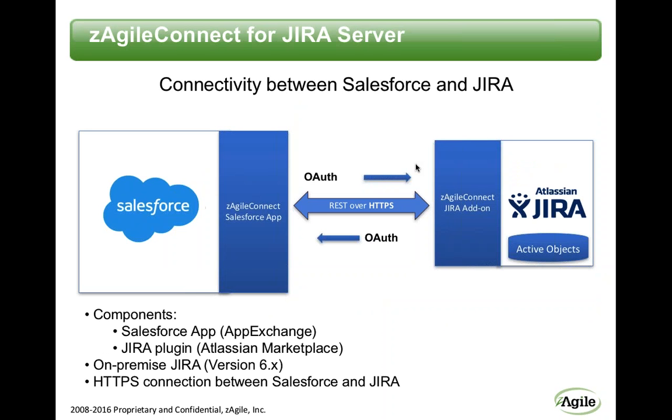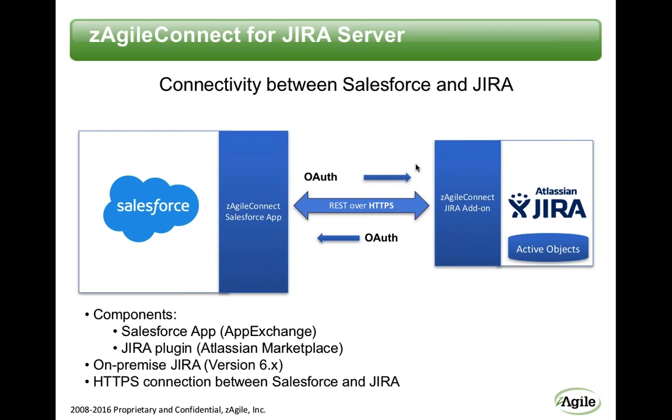In JIRA Server, it's more or less the same. There is still the same Salesforce package that you will install in your Salesforce instance. On the JIRA side, there's actually a plugin because here JIRA is on-premise and behind your firewall. So the most important thing here are the prerequisites for establishing this integration.